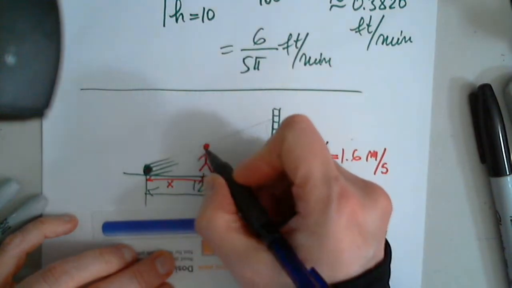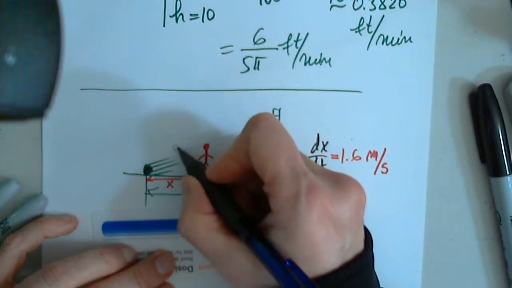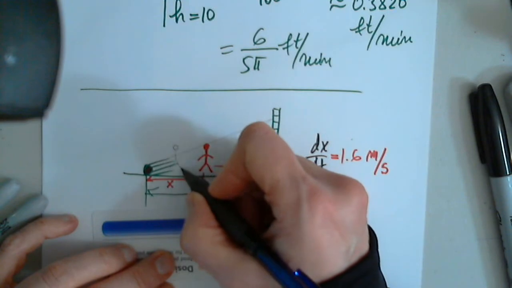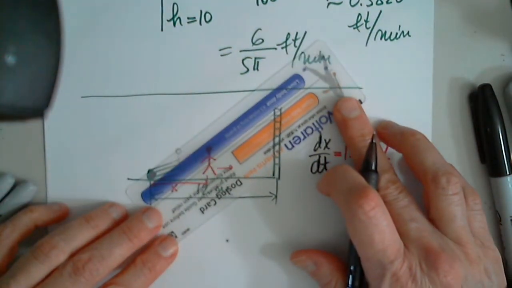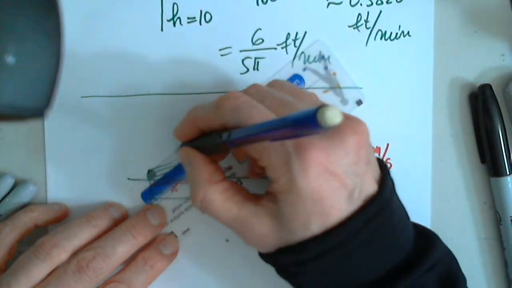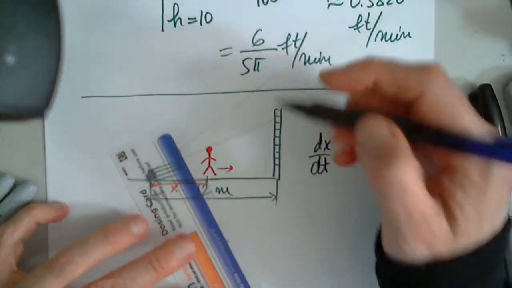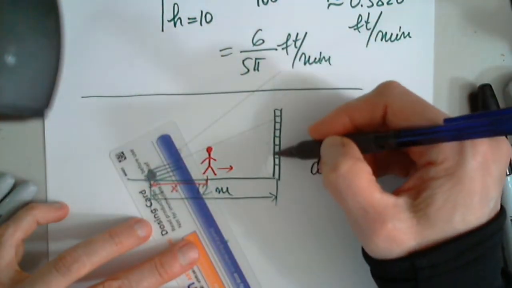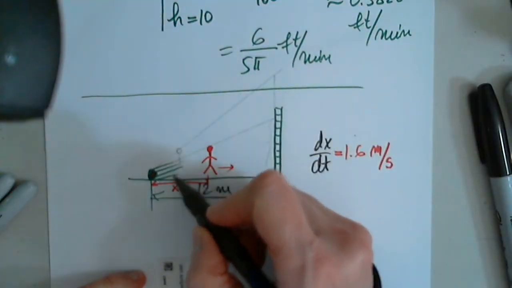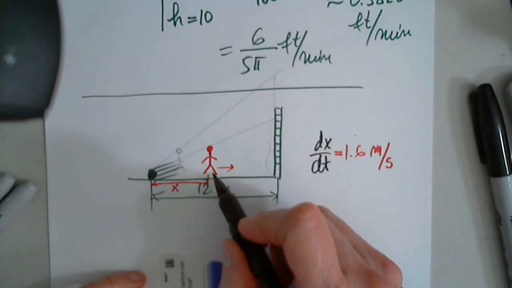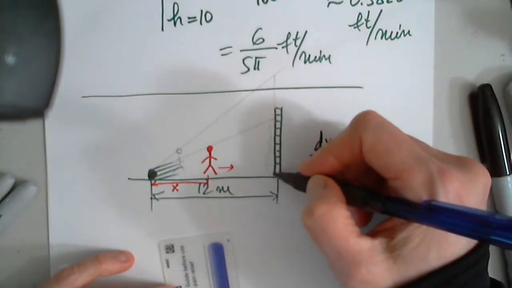So what if he is here now? Look at his shadow on the building now, on the wall. So the shadow is this long. When he is in this position, when he is here, the shadow is this.